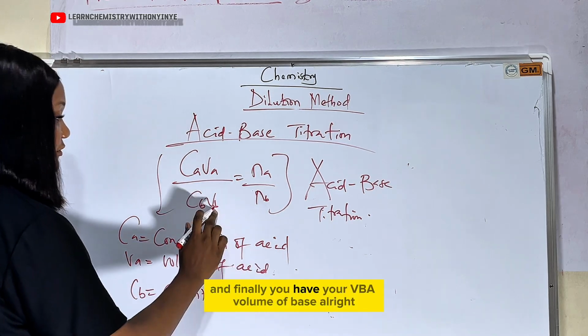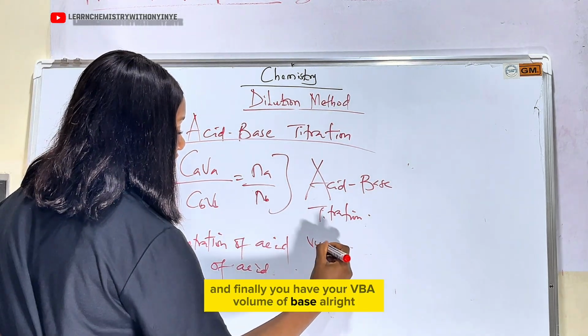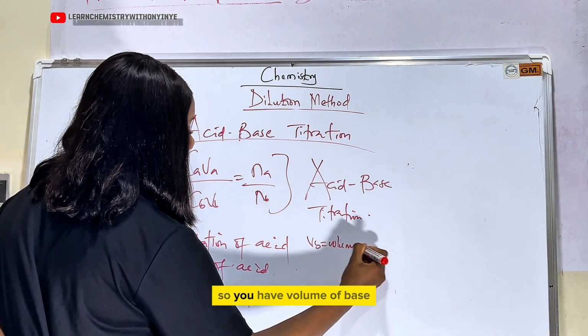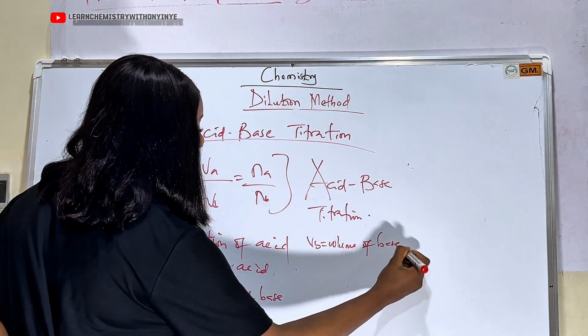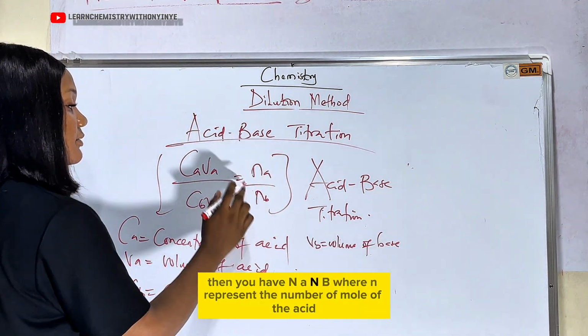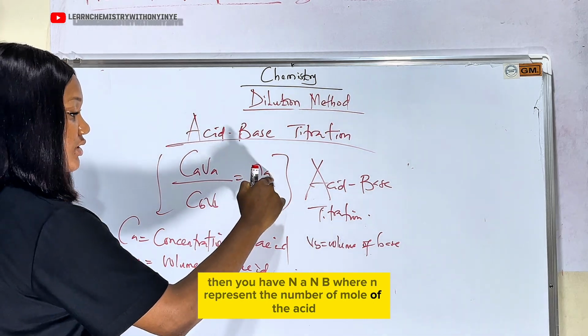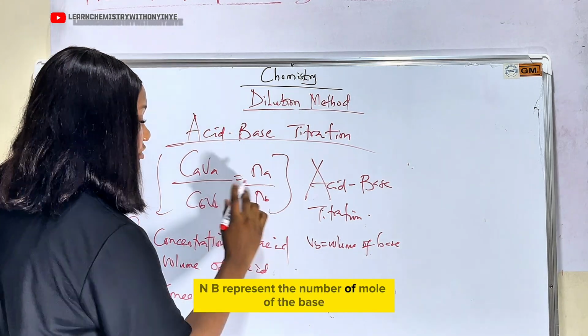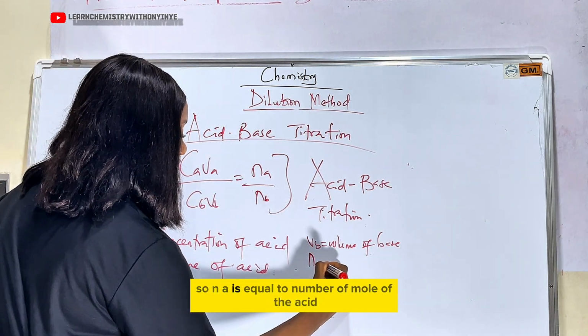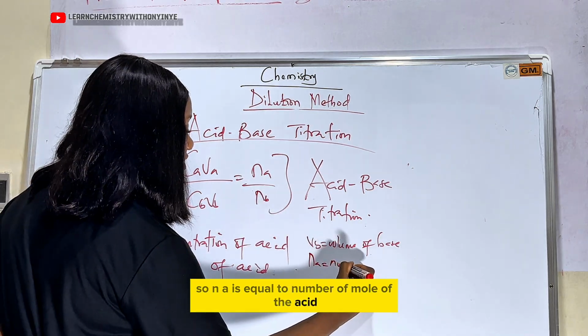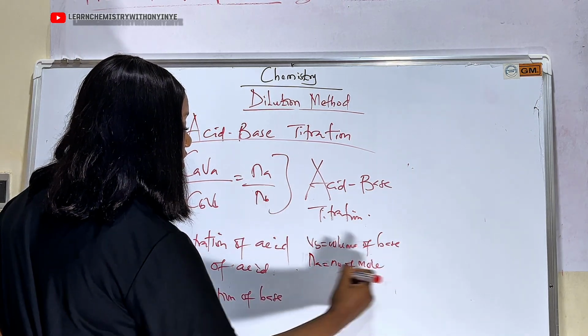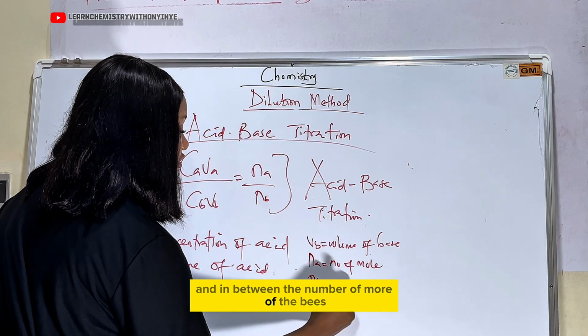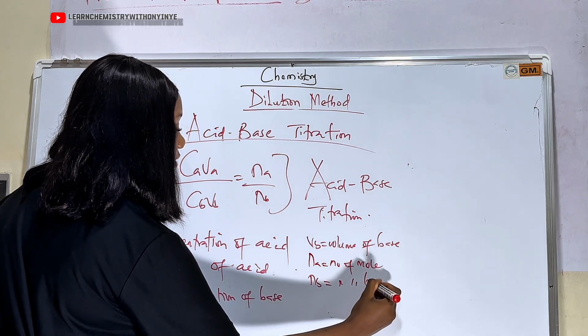And finally, you have your VB as volume of base. Then you have NA, NB, where NA is the number of mole of the acid, and NB represents the number of mole of the base. And this is it.